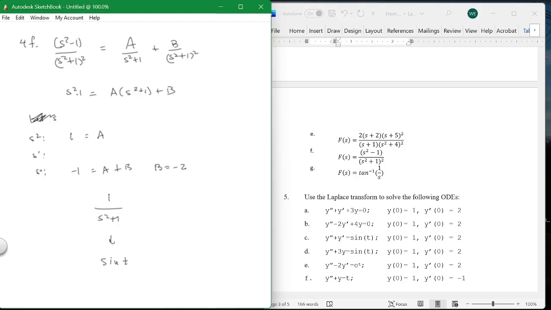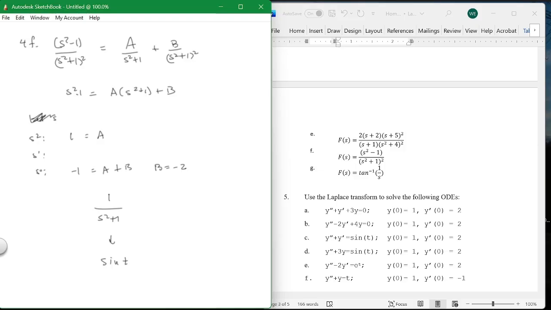Two over s squared plus 1 quantity squared. Anybody see that on the sheet? There's no s in the numerator.